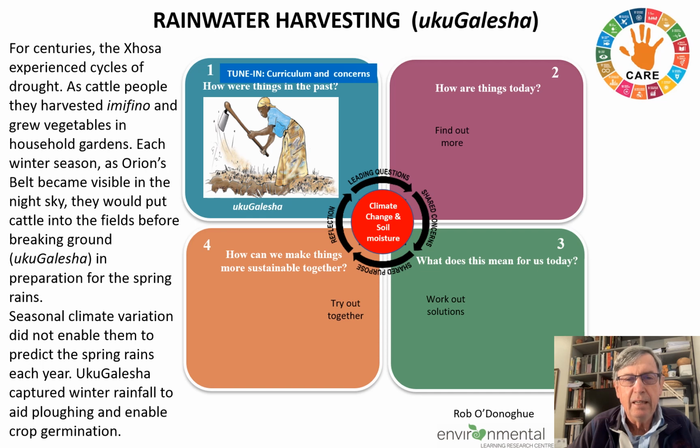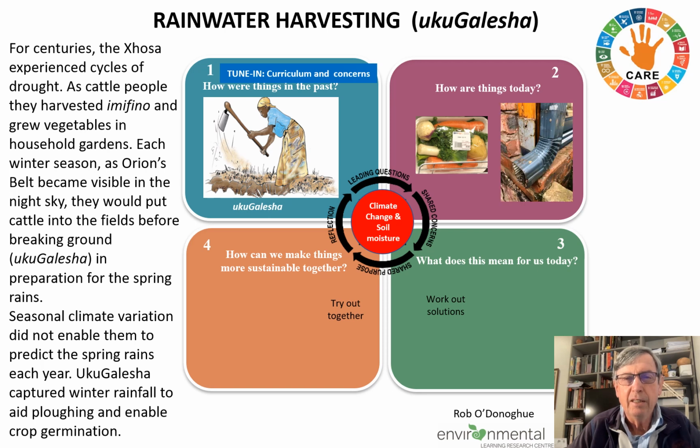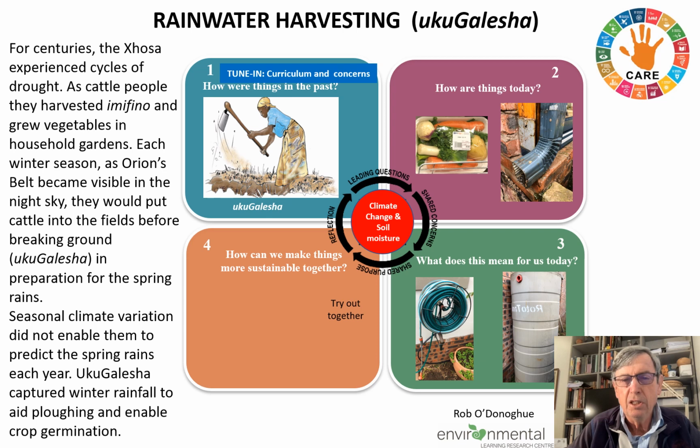So we could take up this as a climate change and soil moisture challenge informed by the Xhosa practice and say, well, where do our vegetables come from today? From the supermarket? Do we harvest water into the soil in the same way as the Xhosa used to? Should we use hose pipes?